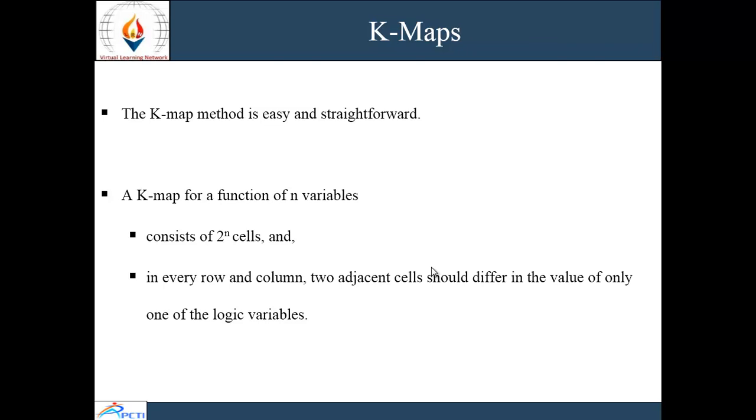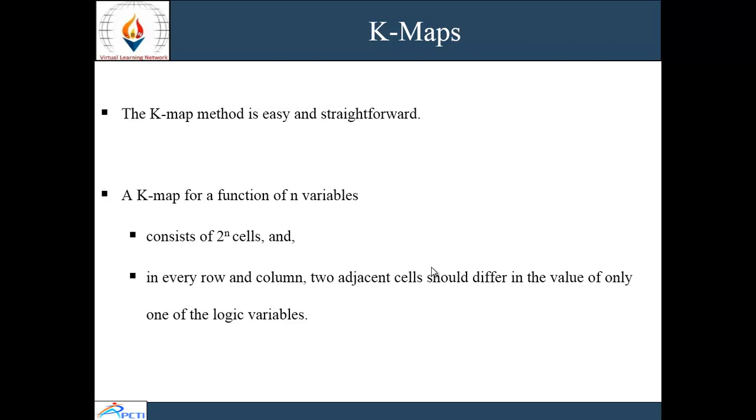Now, how can we know how many cells or boxes a particular K-map contains? A K-map for a particular number of variables, say n variables, will contain 2 raised to power n cells.